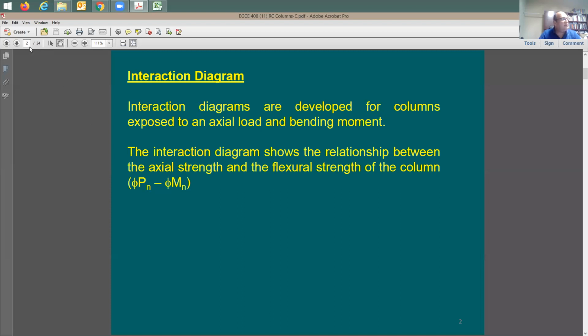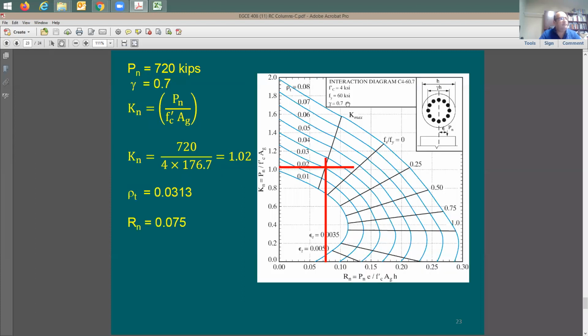You're going to jump here to slide number 23, just to show you how it's going to look. This is going to be one of these interaction diagrams. So I'm going to take one of these curves and try to understand what we're going to be trying to do here. On the x-axis is going to be the axial load.